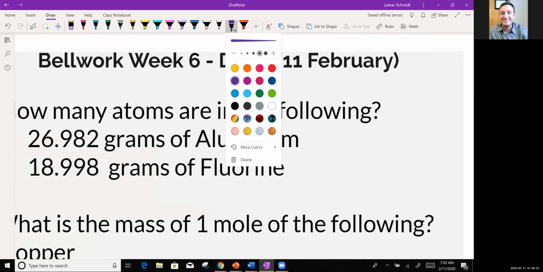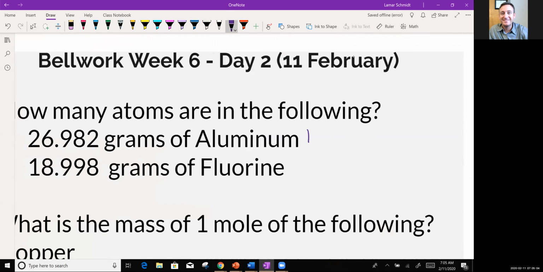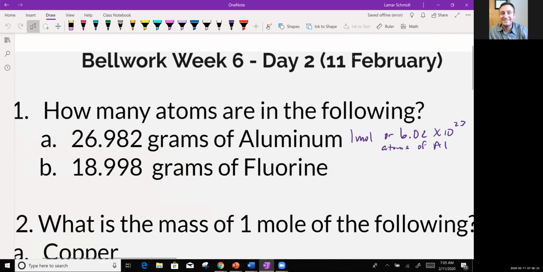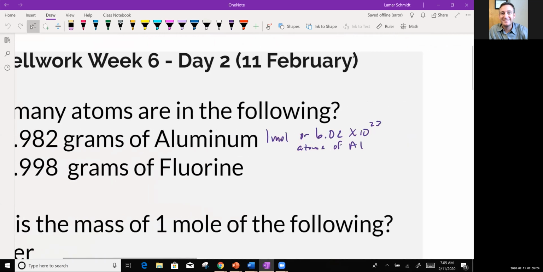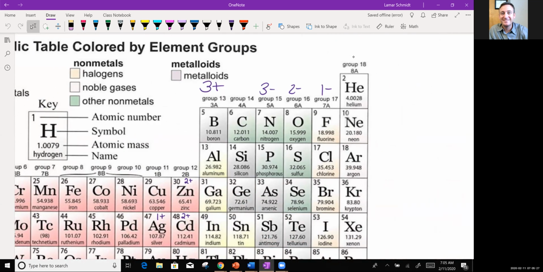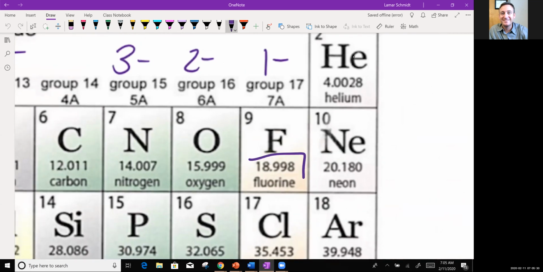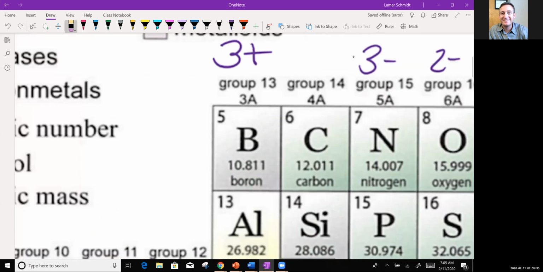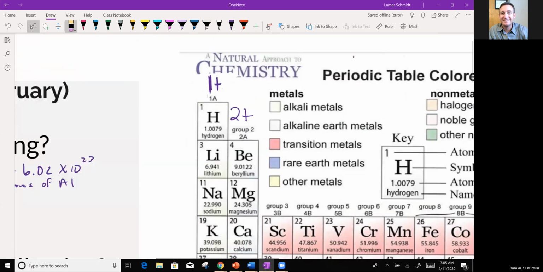But let's also remember that 1 mole is equal to 6.02 times 10 to the 23rd atoms of aluminum. And if you look at part B, 18.998 grams of fluorine, we go to our periodic table, you see 18.998, and that value expressed in grams is exactly 1 mole of fluorine atoms.